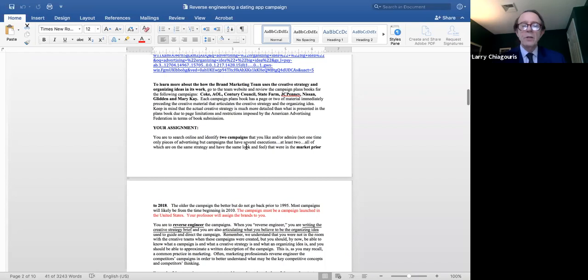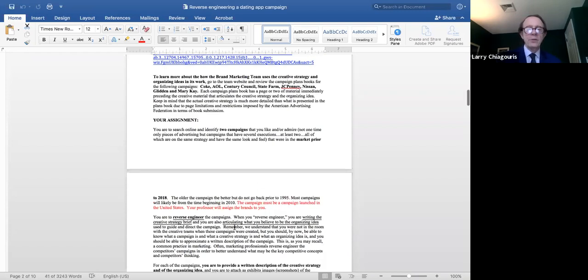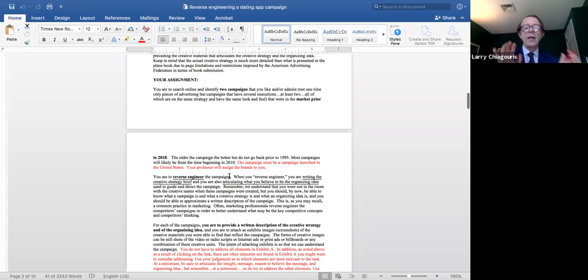You can find more than one campaign for a brand, and that's fine. But I want you to ultimately present 2 campaigns, and I want you to describe what you think the strategy is. You're to, as it says here, reverse engineer the campaigns. The idea of reverse engineering a campaign is important. It happens all the time.